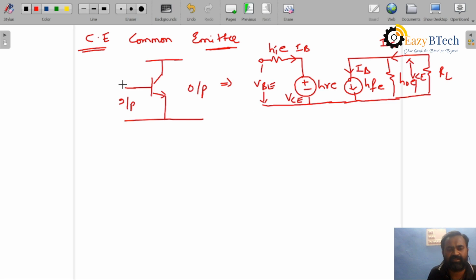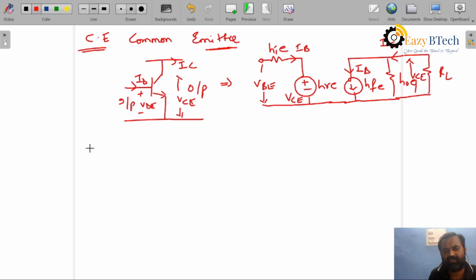From this we know the voltage here to here is VBE, input side is base, current is IB, output current is IC, output voltage is VCE.